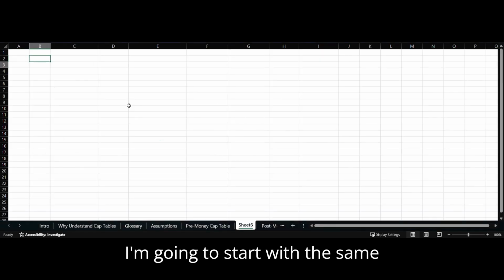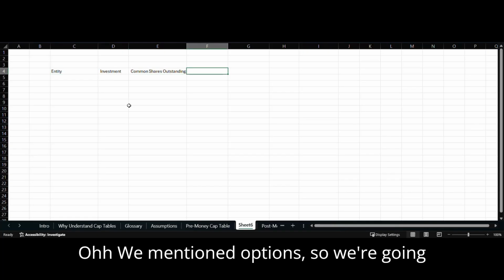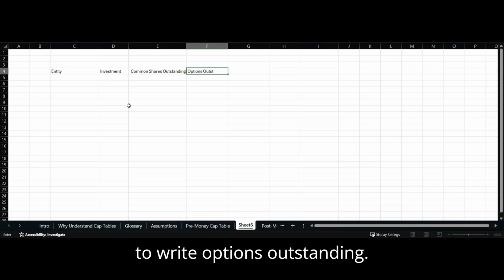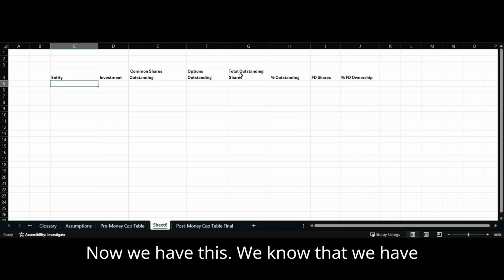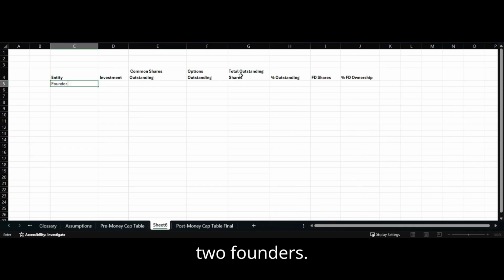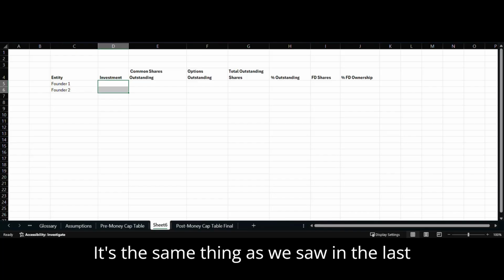I'm going to start with the same columns. We mentioned options, so we're going to write options outstanding. Okay. Now we have this. We know that we have two founders. Each of them own the same thing as we saw in the last cap table.